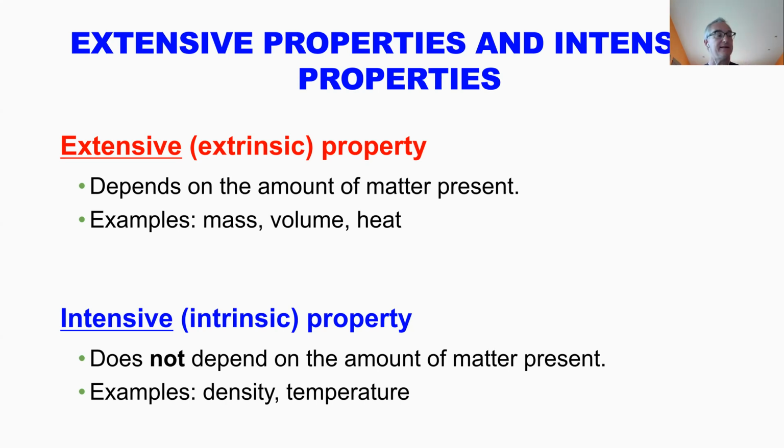When my coffee was really, really hot and delicious, it had a certain amount of heat. But if I filled my bathtub with water, even though it was much cooler, the bathtub actually has more heat in it, because temperature and heat are not the same. So we'll learn about that when we look at thermodynamics a little bit later.